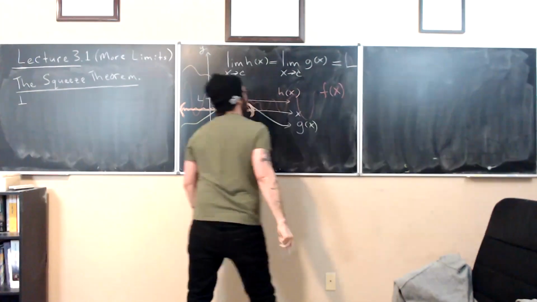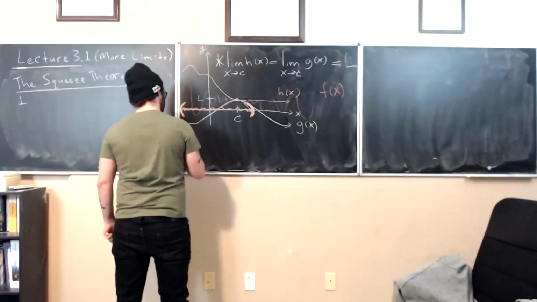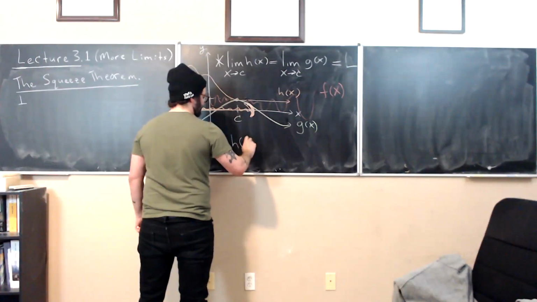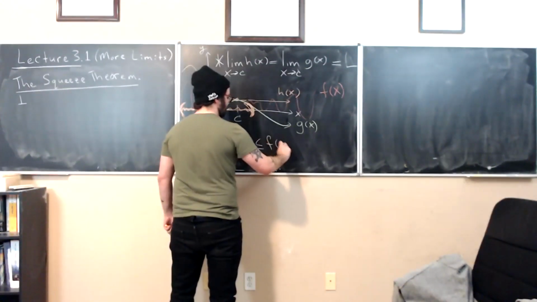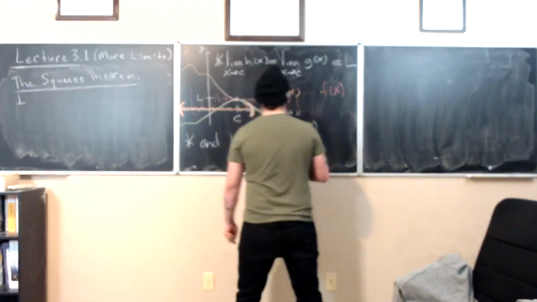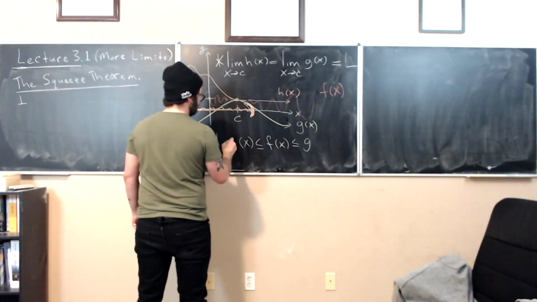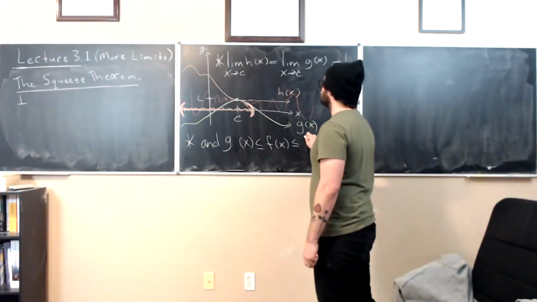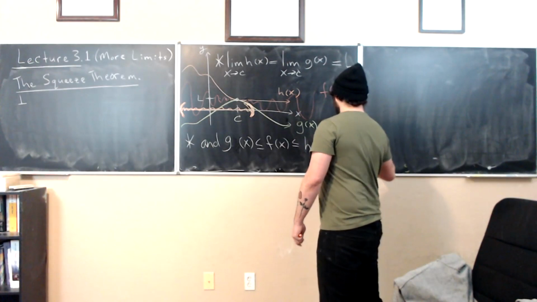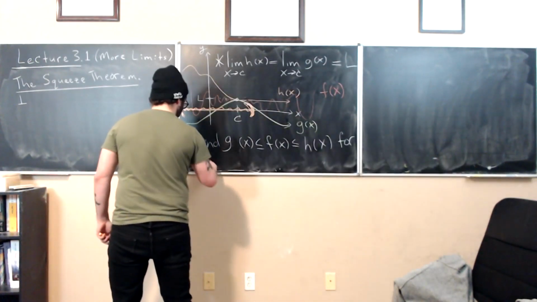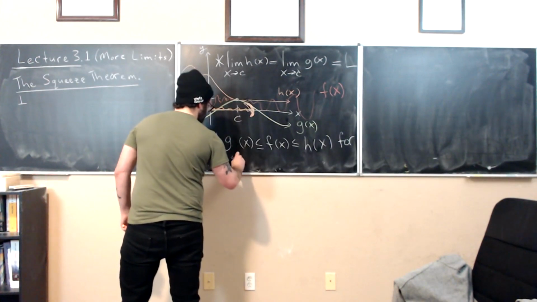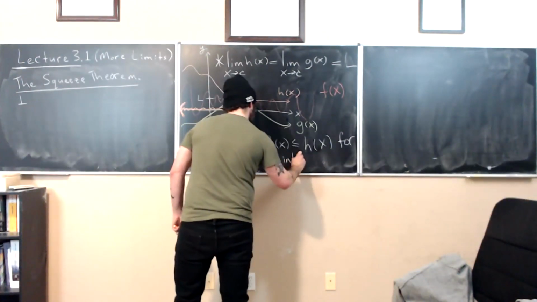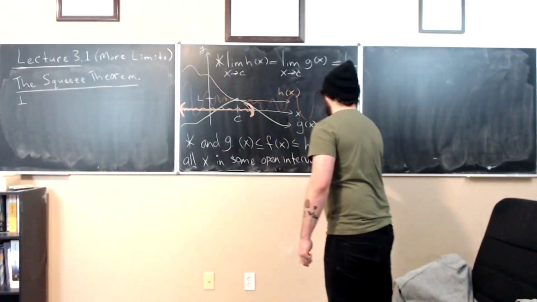Give it some value called L. But suppose we know that g of x is at most f of x, and then f of x is at most h of x for all x in some open interval containing c.